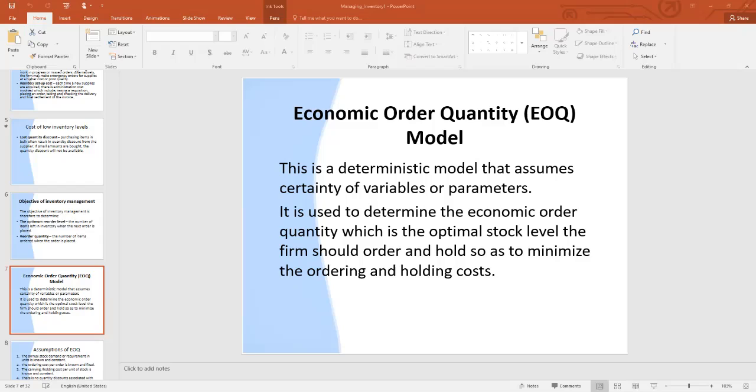These are referred to as the assumptions of the EOQ model. If the variables are not within the scope of the assumptions, then the model can't be applied.